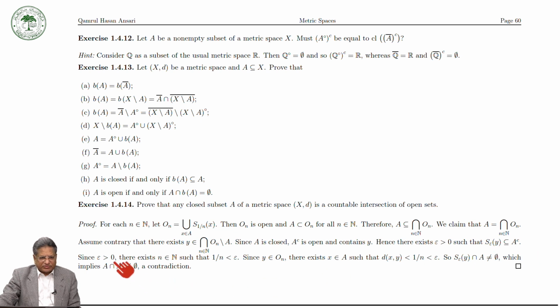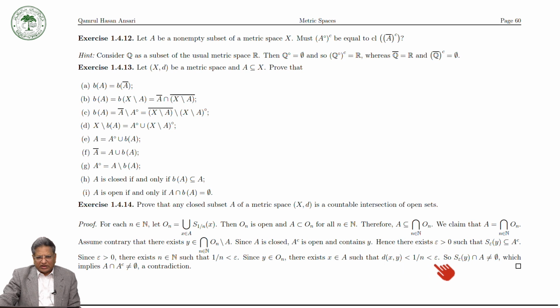And now since epsilon is greater than 0, there exists a natural number n such that 1 over n is less than epsilon. Now since y is in O_n for each n, there exists x in A such that d(x, y) is less than 1 over n, and the 1 over n we are choosing is less than epsilon.